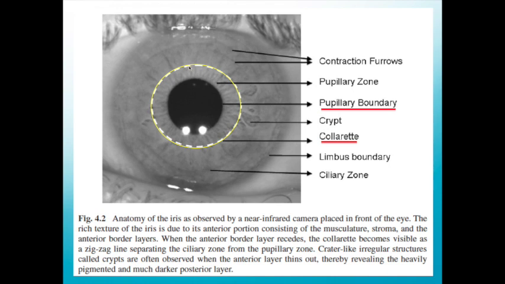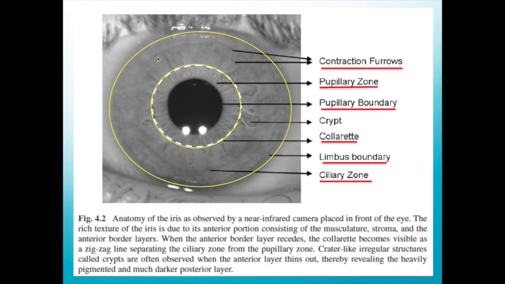Like in the other photograph, it's a texture-based pattern. It's got high relief. It's got valleys and troughs. Pretty much, it's unique in every individual. You've got the limbus boundary out here, which is where the iris ends and meets the sclera, the white part of the eye, and the pupillary zone, obviously, is where the pattern we're looking for is.